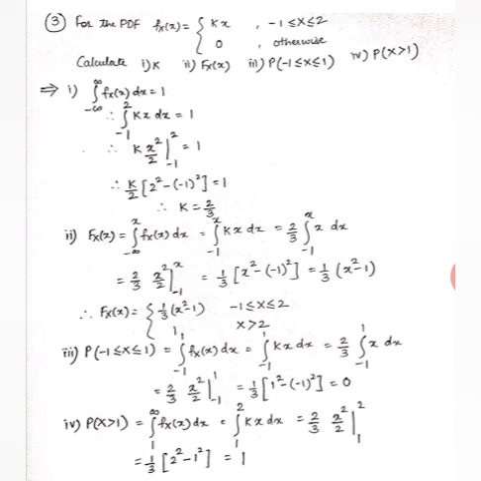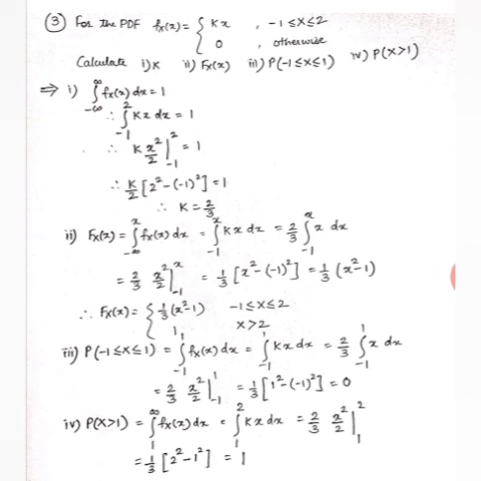Then the third thing that we need to calculate is the probability that the random variable x takes on values between -1 and 1, that is probability -1 ≤ x ≤ 1. We substitute it in terms of the integral. So it's equal to the integral from -1 to 1 of fX(x) dx, which is the integral of kx dx. The k value found is 2 by 3, so we substitute 2 by 3, integral -1 to 1 of x dx.